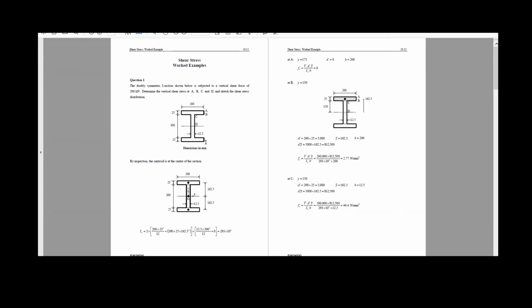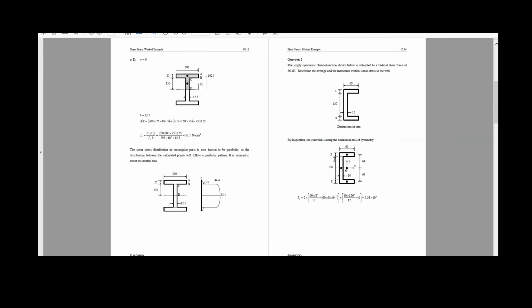So the first example you have is a T section. It's exactly the same exercise as we covered before, so I'm not going to go into the details because just the numbers are different, but the procedure, the formulas and the way of doing the calculation are exactly the same. So let's see what happens when you have a C section.